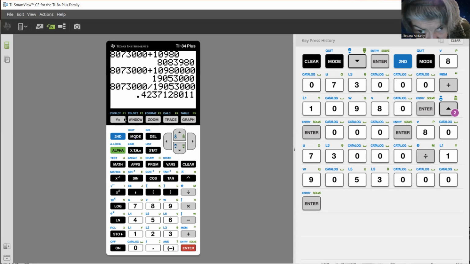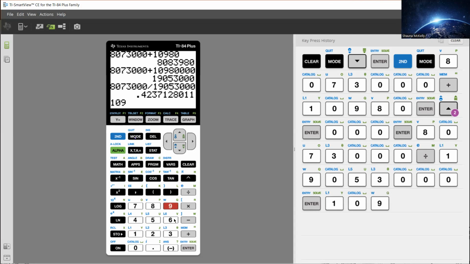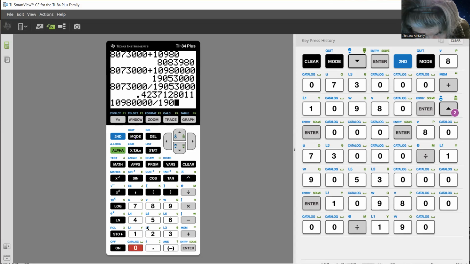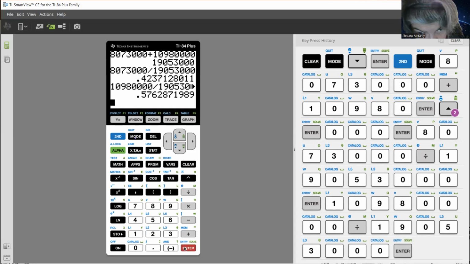So this is 10,980,000 divided by 19,053,000. That comes out to 0.576. So now writing those two numbers down. So we have 0.424 and 0.576, and I'm going to use the decimal equivalents.